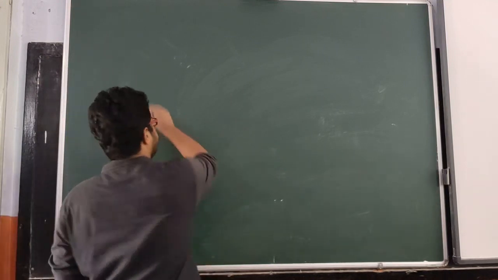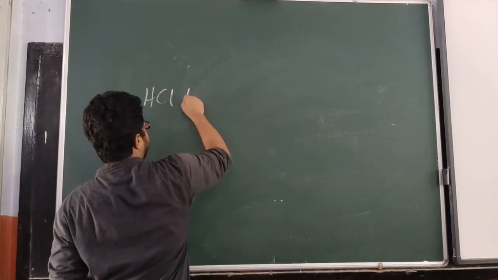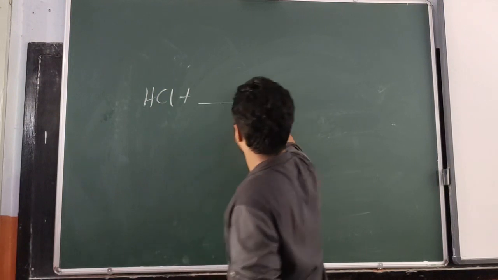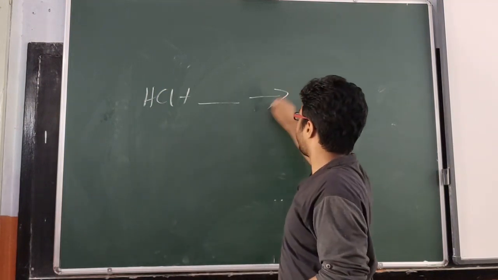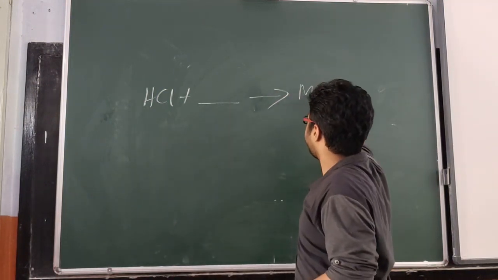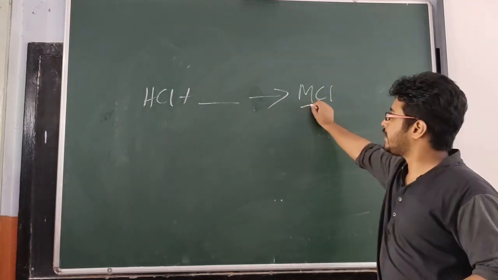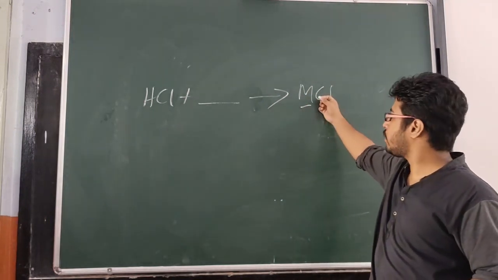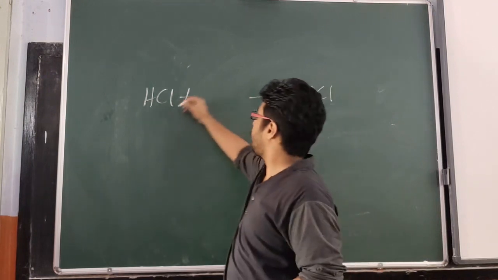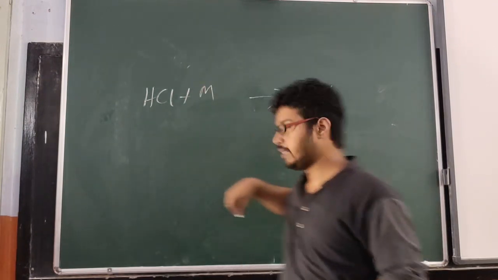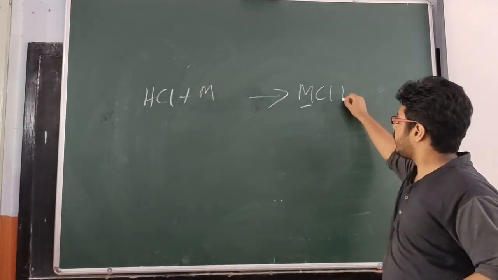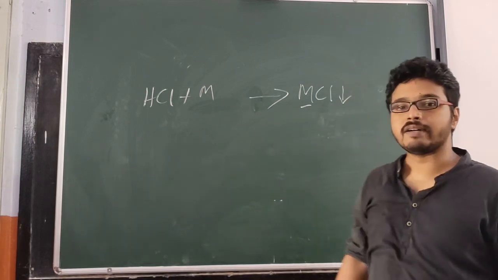So HCl plus a compound will give a metal chloride. So it will be a compound of a metal, and that metal chloride must be insoluble in water.